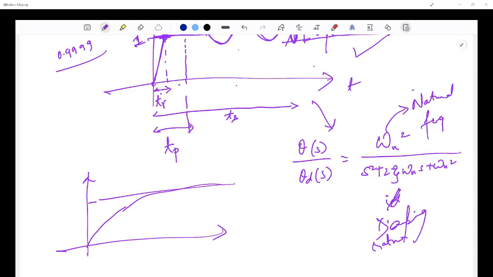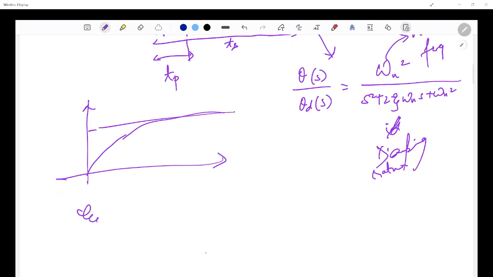For example, you might have seen the door that closes automatically, right? I want to show you a relationship between zeta and maximum peak overshoot that you can see in real life. You don't need to study control systems.